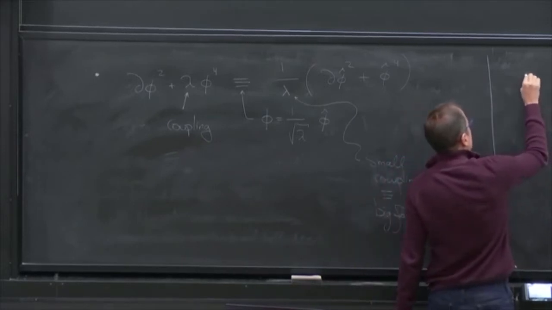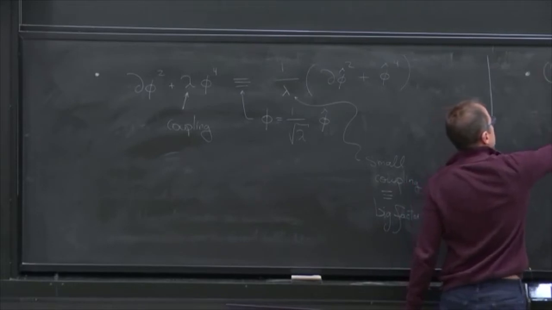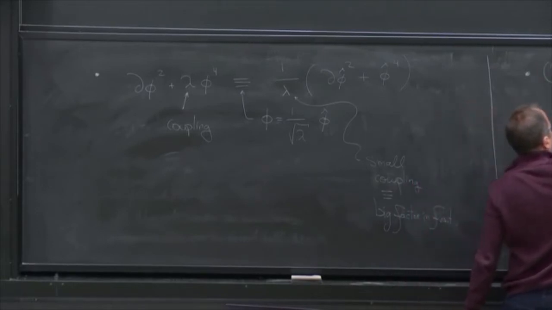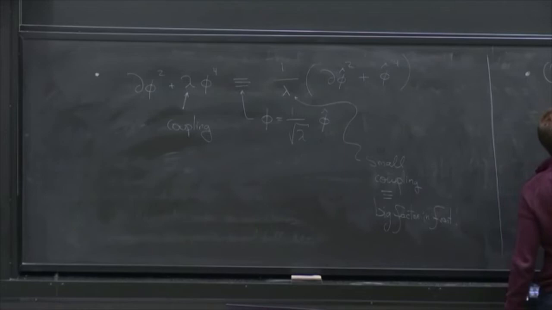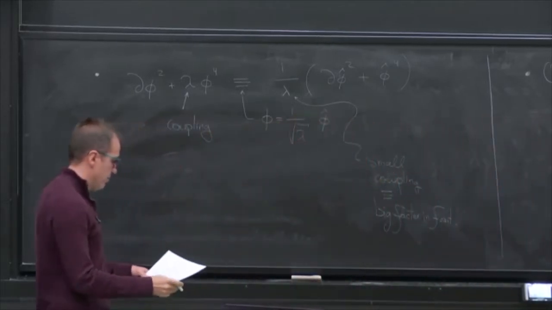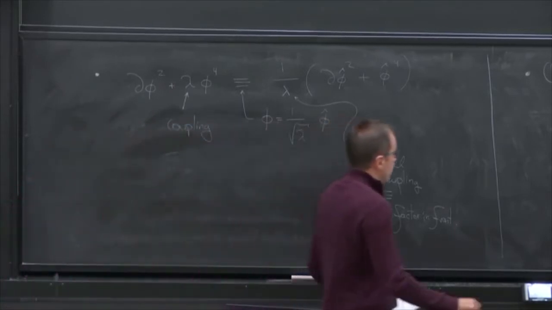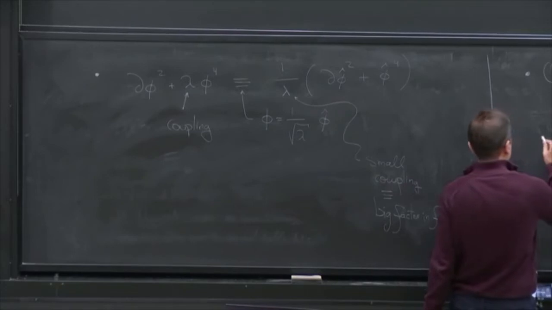Okay. So let me then introduce what's called the O(N) nonlinear sigma model. As I said, we are going to spend maybe an hour and a half on this model. So this model is the following.